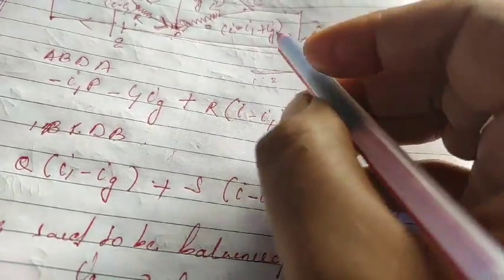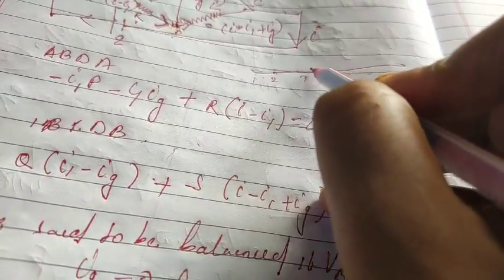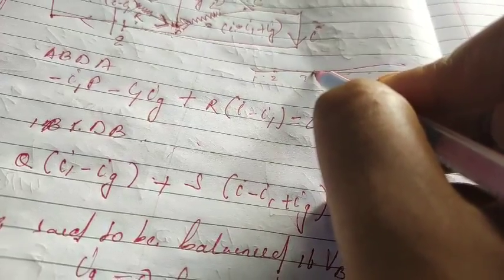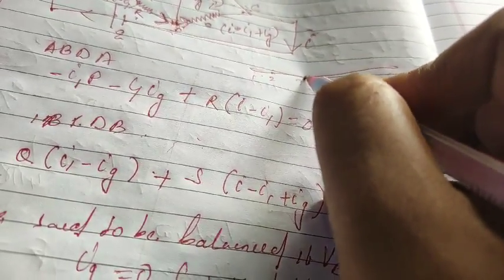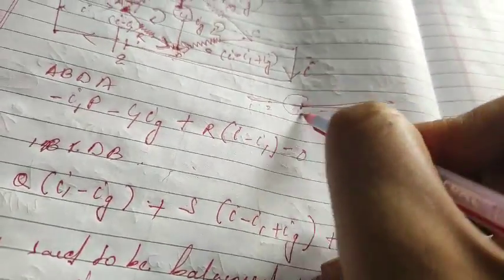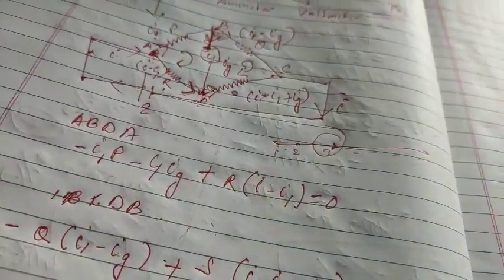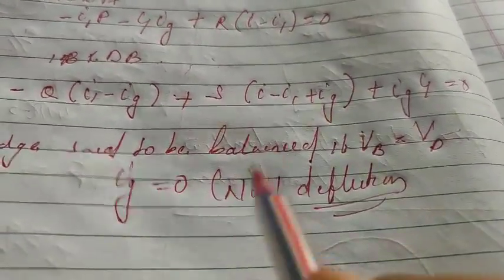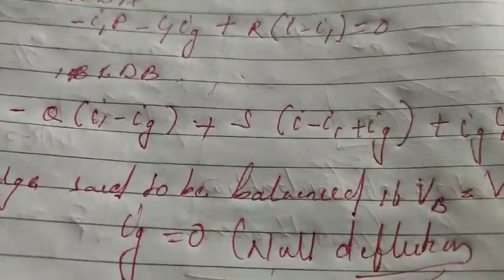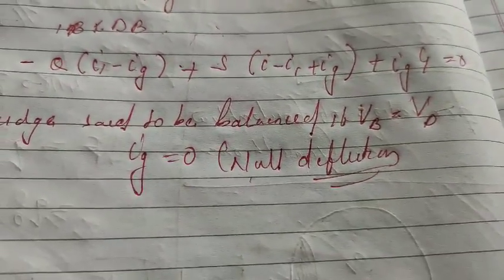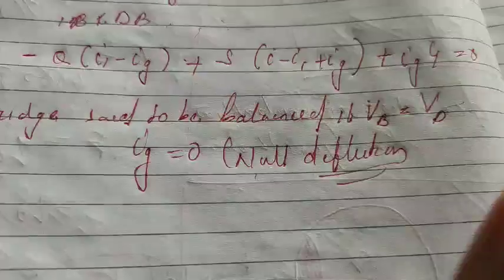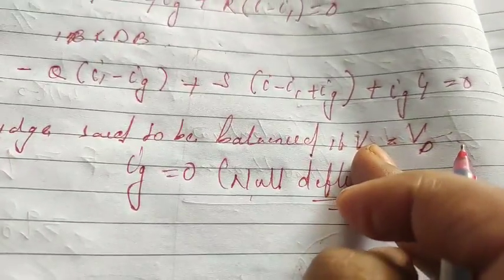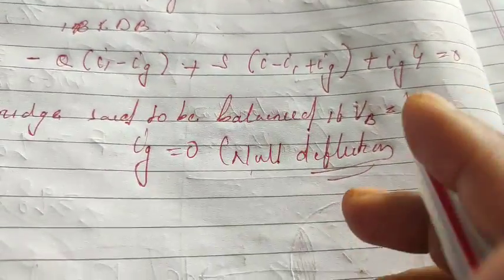Suppose I am moving my pen at 0.2, 0.3, 0.4, at every place some deflection will be there, right? But where you put your pen nib and the galvanometer remains constant, not showing any type of deflection, that point is a null deflection, and at that point we consider the potential difference between the two junctions to remain the same.